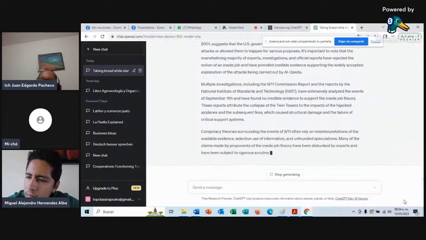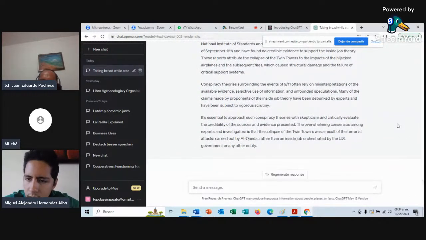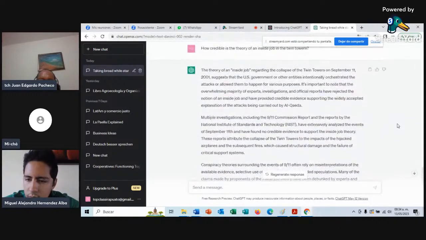Okay, let's see what it says. Let me go up a little bit. Can you read the first paragraph, please? Yes, sure. The theory of an inside job regarding the collapse of the Twin Towers on September 11, 2001 suggests that the US government or other entities intentionally orchestrated the attacks or allowed them to happen for various purposes.